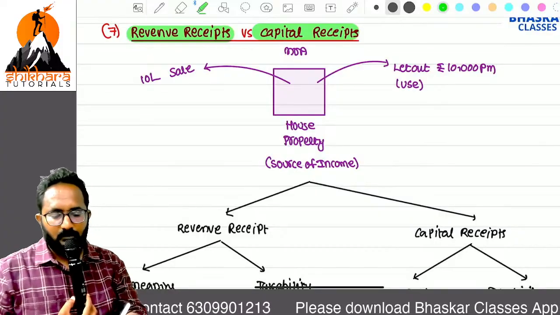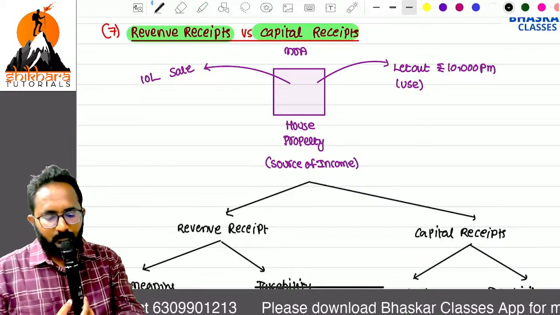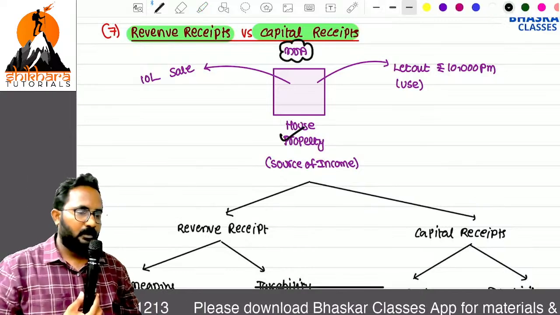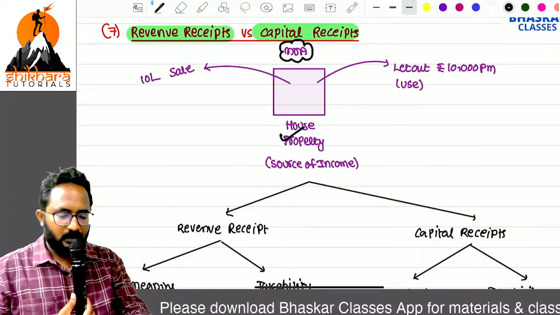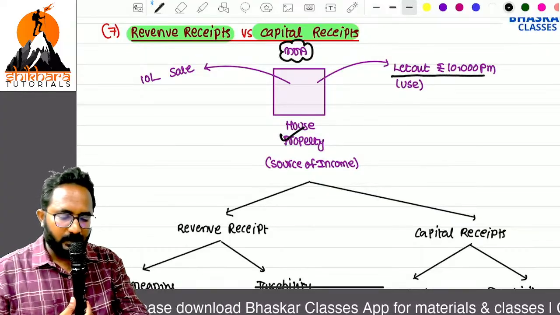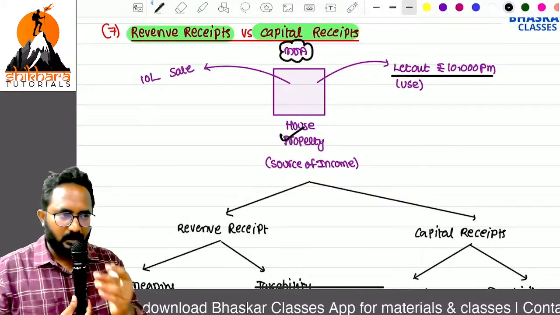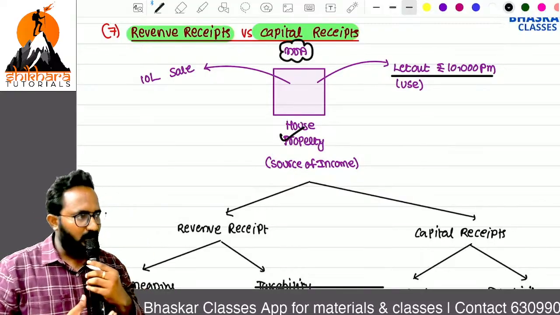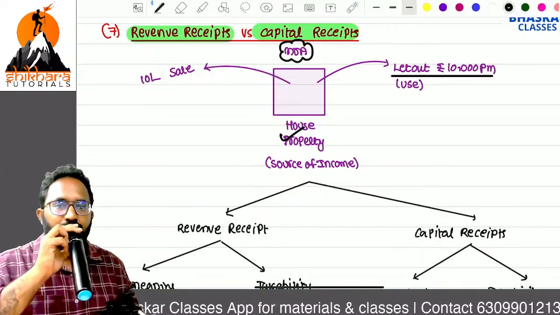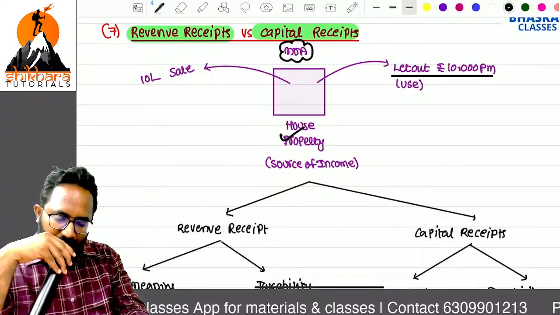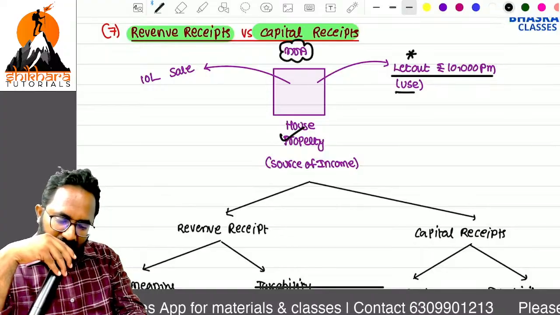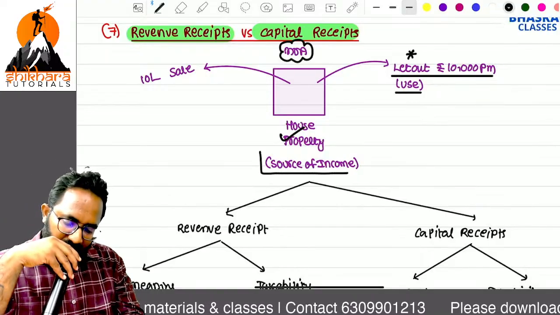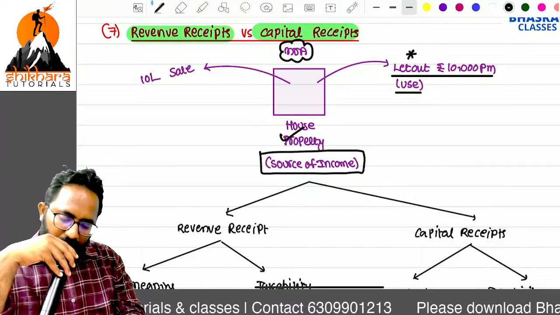I will tell you a simple example. Mr. A is an owner of this house property. Every month he lets out this property and receives 10,000 rental income. Is it a receipt or not? Yes. By way of using the one source of income, this is only one source of income.